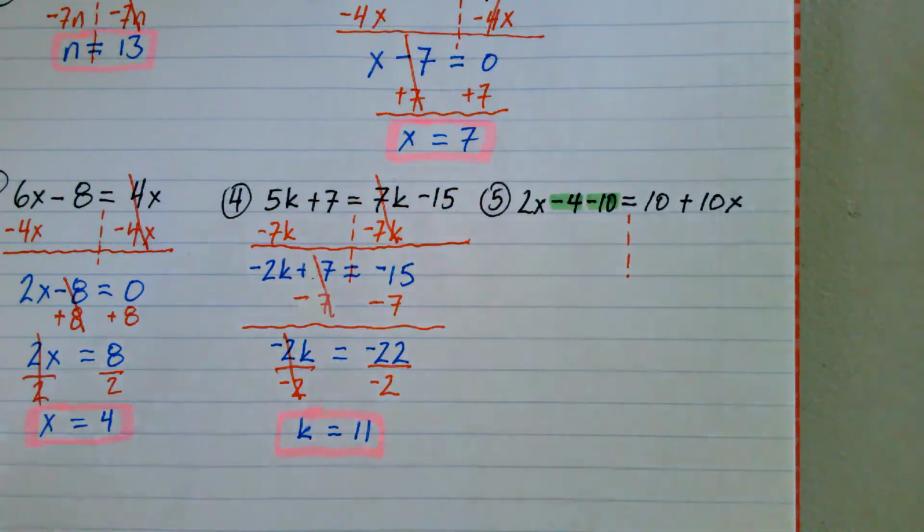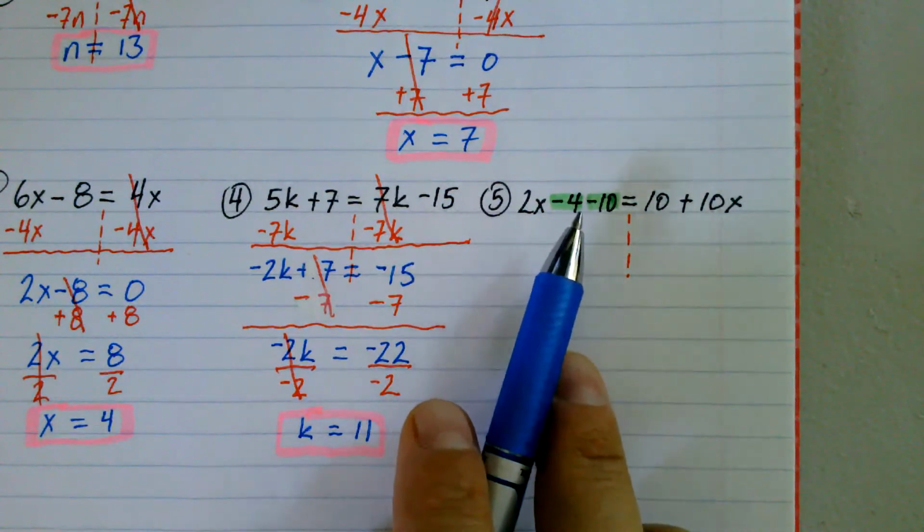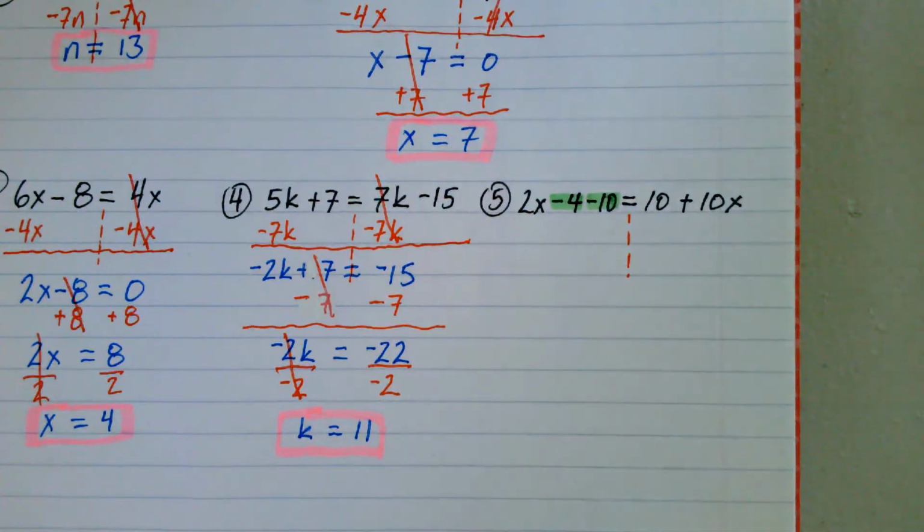If I combine a -4 and a -10, I can make it smaller. I simplify the equation. What does that become? -14. It's like adding two negative numbers. -4 plus -10 equals -14.